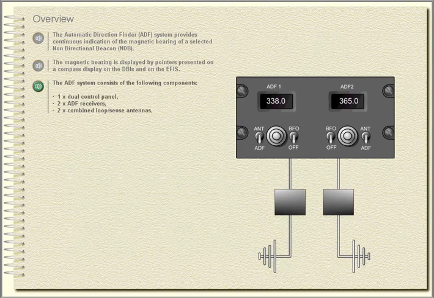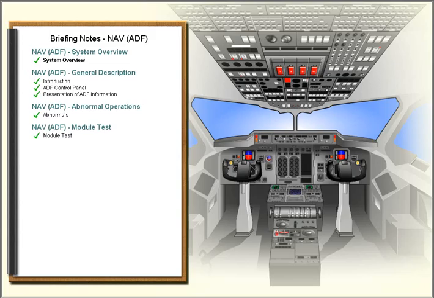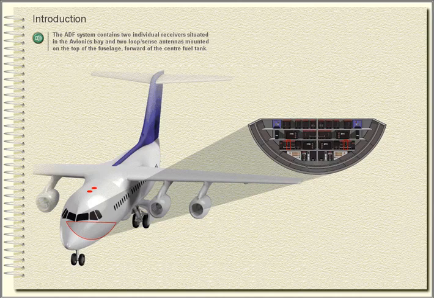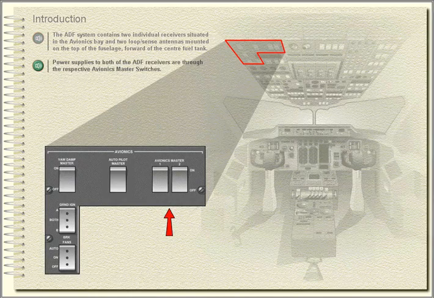The ADF system consists of the following components: one dual control panel, two ADF receivers, two combined loop sense antennas. Introduction.